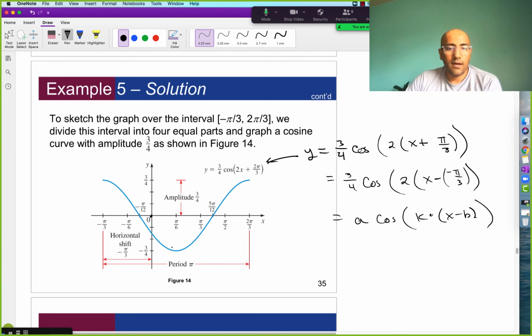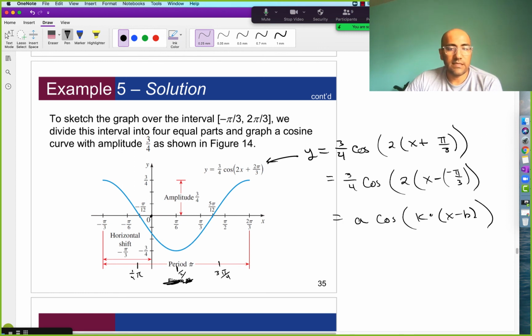Good. And then, if you want to find these other values, then it means that half of the period will be completed in pi over 2. And then a fourth of the period will be completed in 1/4 pi. And then 3/4 pi, right?